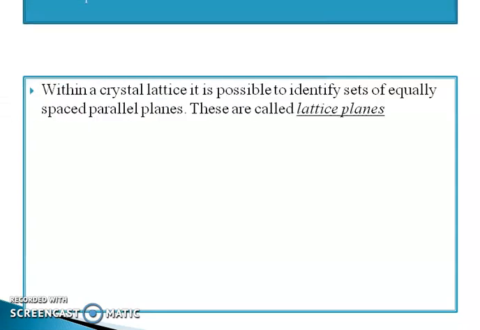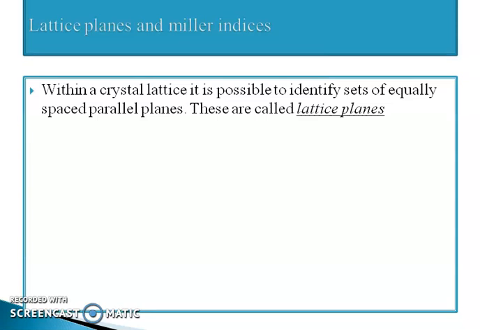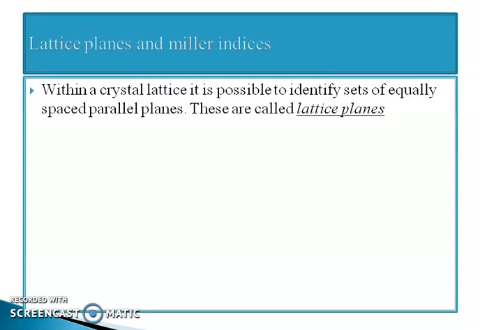Next is lattice planes and Miller indices. Within a crystal lattice, it is possible to identify a set of equally spaced parallel planes, and these planes are called lattice planes.